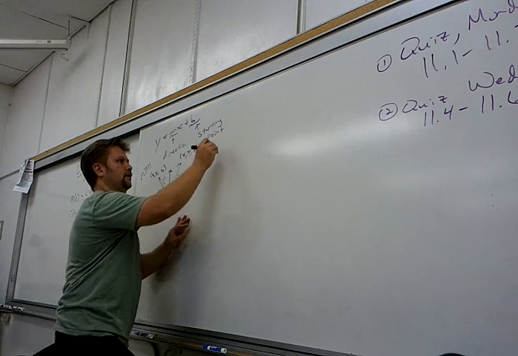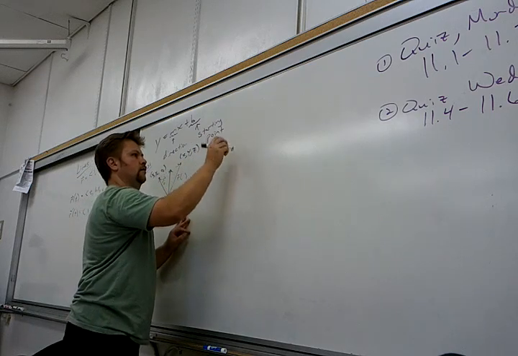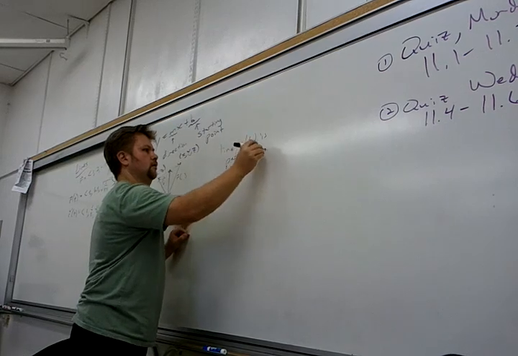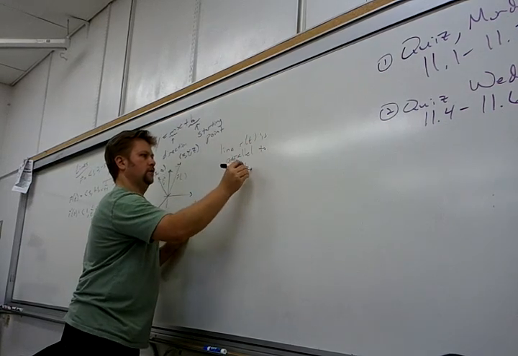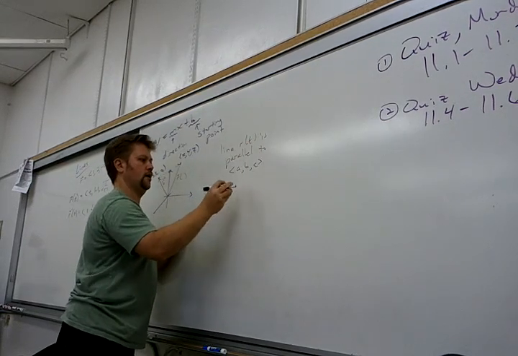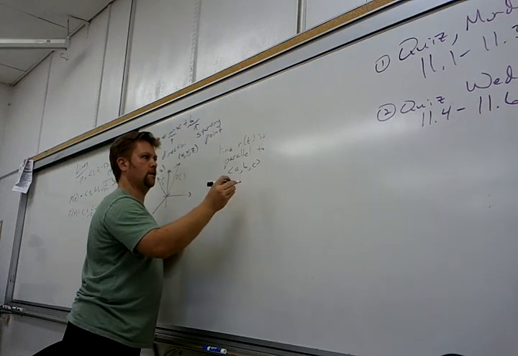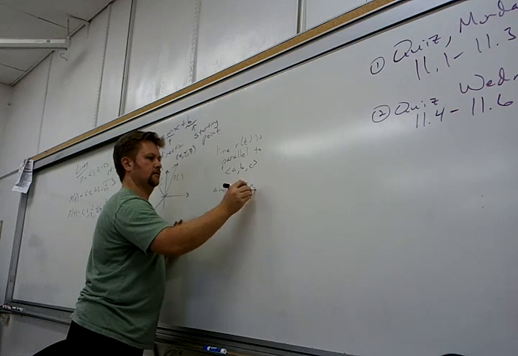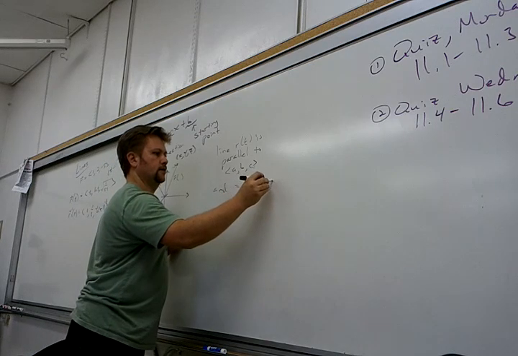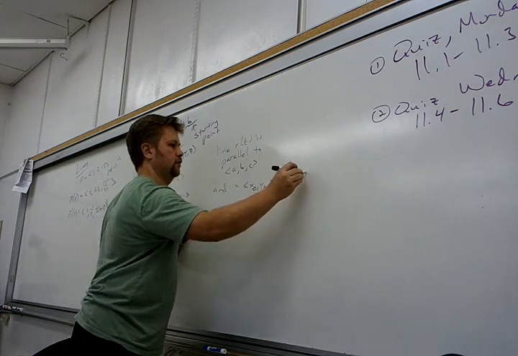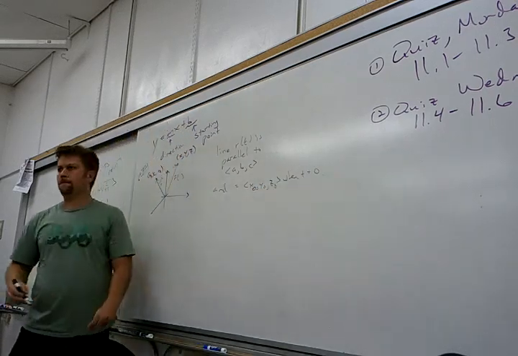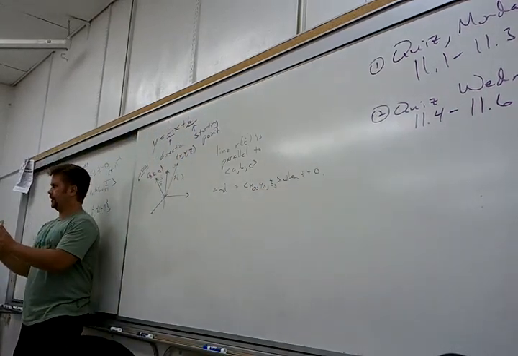So if I have a line r of t that is parallel to <a, b, c> and equals x naught, y naught, z naught when t equals 0, right? So that's what we have. That's kind of like the setup.